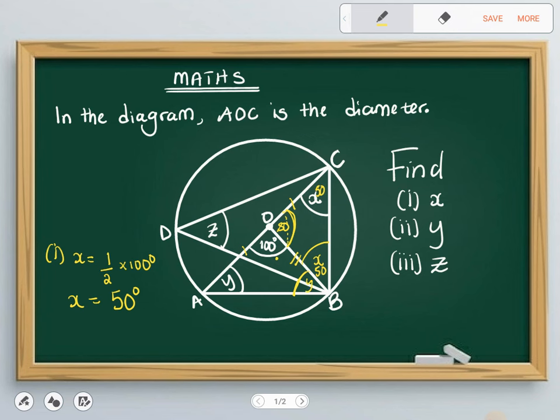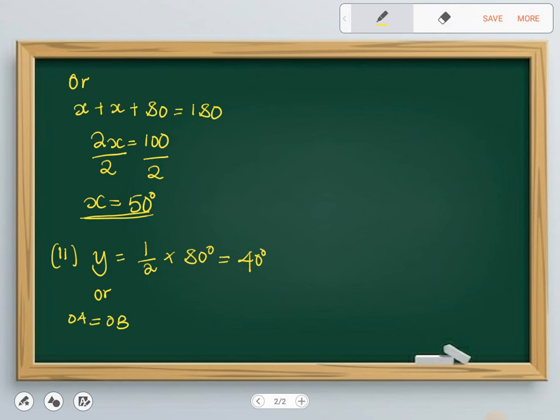Now we've got 100 here. So when we add all these angles inside, it should give us 180. That is, y plus y plus 100 should give us 180. So 2y is equal to 180 minus 100, which is 80. So y is equal to 40 degrees.